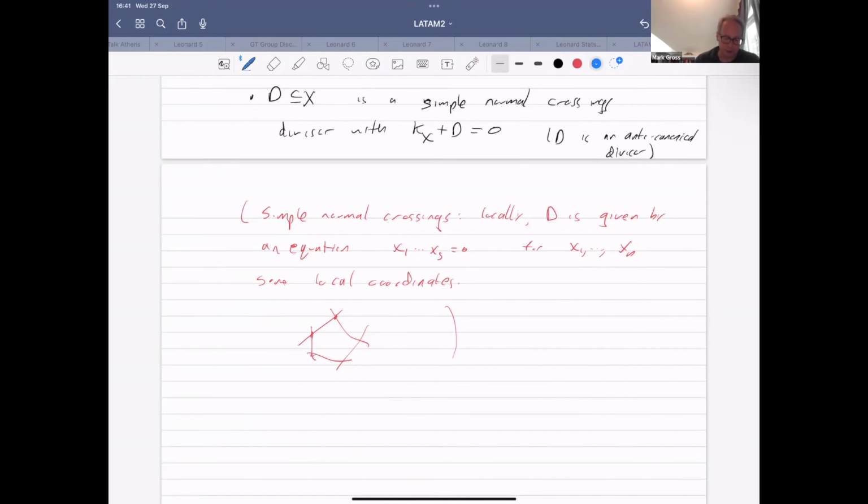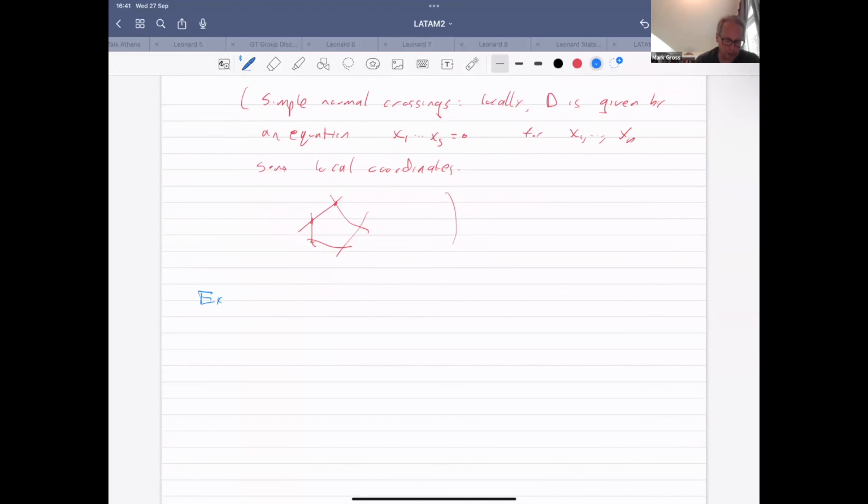Okay, so how about some examples? Well, it turns out that if you take any X, a non-singular toric variety, remember, a toric variety is defined by a fan, and it is obtained by gluing together a bunch of open pieces determined by the cones in the fan.